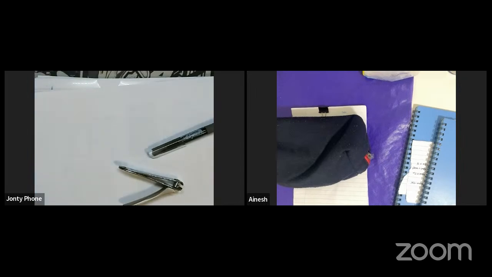The C gets 1, the H gets 1. The H is happy, the C is happy with this hand, right? So this is a good deal for both. So now the final question, Ainesh, always this final question: is everybody happy? Yes, and you will be correct.